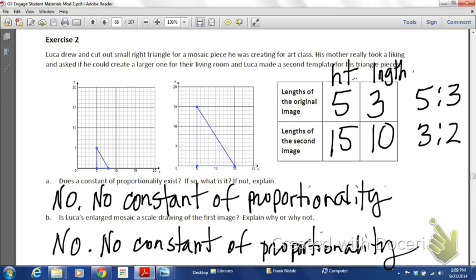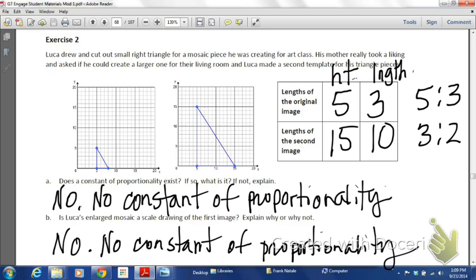Okay, so here I have written all the answers, and you can see we got no and no for A and B when we looked at these two drawings together. Just writing down your table, your table tells the story.